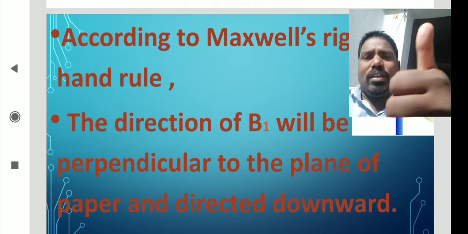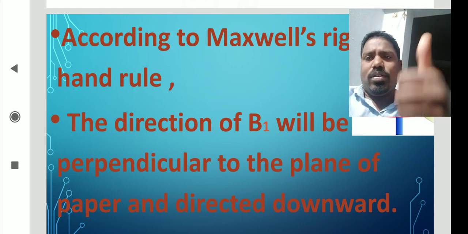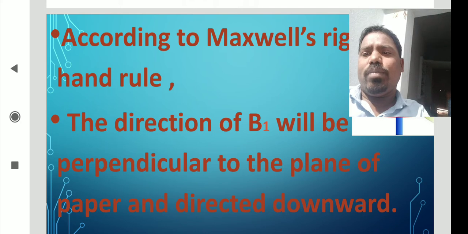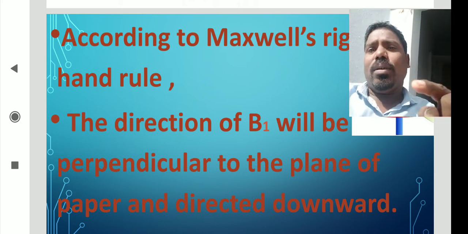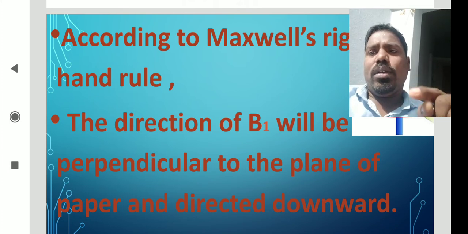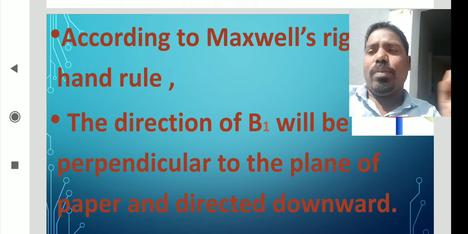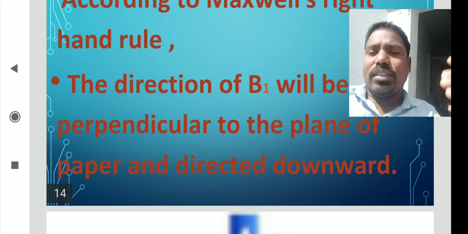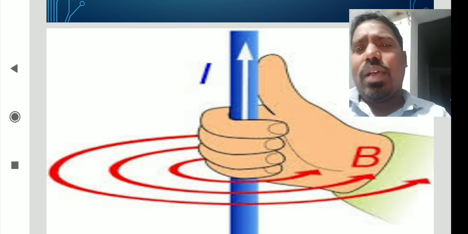Just see here, B is perpendicular to I also. So the direction of B1, the field generated at the PQ conductor, is perpendicular to the plane of the paper and directed downwards. This is the Maxwell right hand concept: B is the field, I is the current, and both are perpendicular to each other.